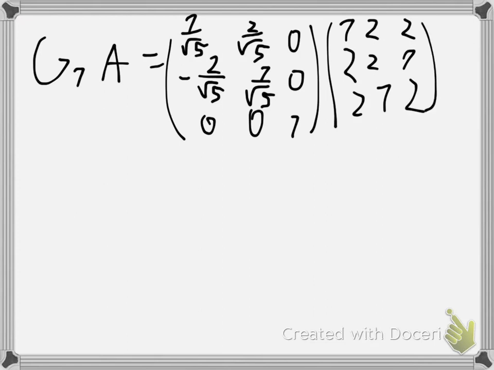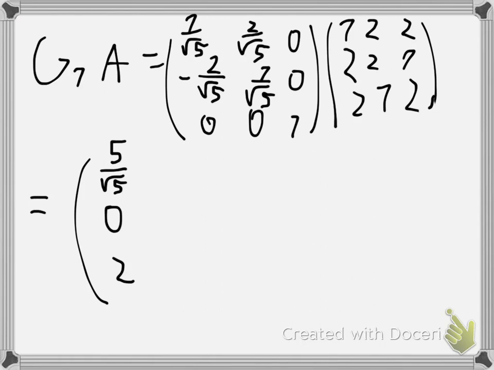Okay? And so we should get 5 over square root of 5, 0, and 2.